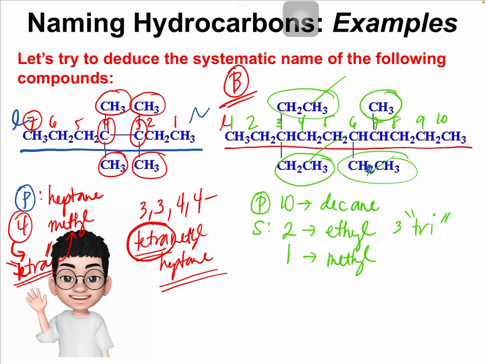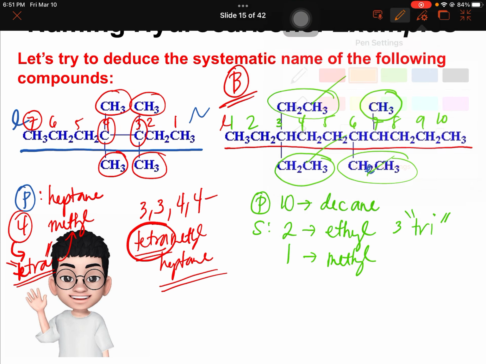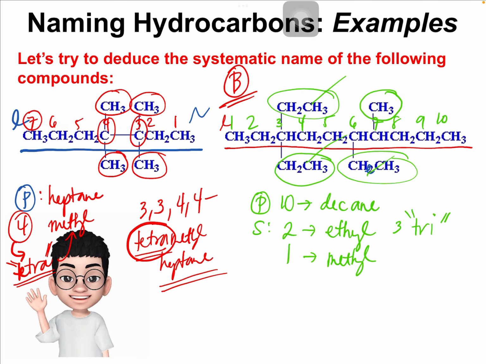Okay. Ngayon, nasaan yung inyong mga substituents? So let's say your ethyl groups ay saan nakakabit? So dahil tri ito, tatlong numbers yung makikita natin, so we have 3, 3, and then where's the other one? It's in the 6 carbon position. Now, how about your methyl?